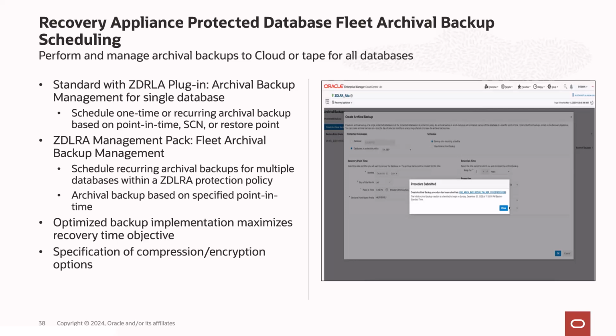So new databases joining a profile will have archival backups created based on the profile, like gold once a week, silver once a month, and bronze yearly. We are also taking recovery time objectives into account and provide the ability to perform compression and encryption on the backup.